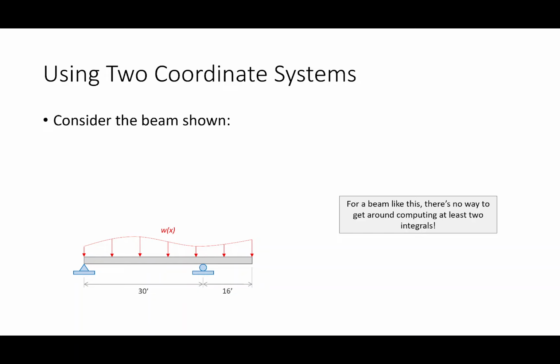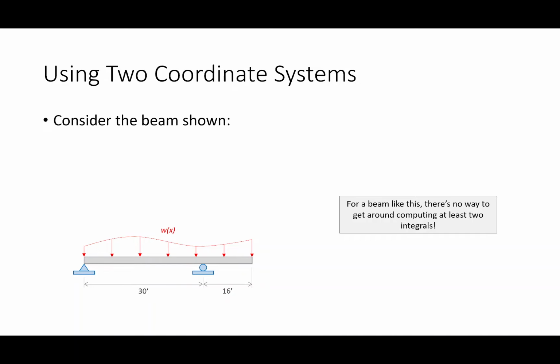Let's consider this beam. Okay? All right. So I have a beam with a load on it, and for the sake of discussion, it doesn't really matter what the load is. It could be uniformly distributed, it could be a function, it doesn't matter. So just some load W on the beam. Now there is no way of avoiding the need to do two integrals.